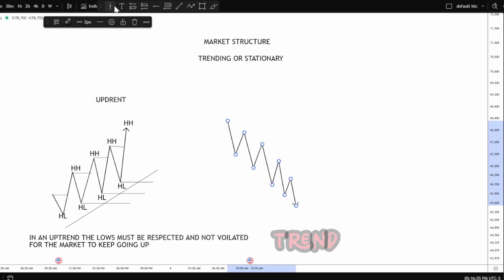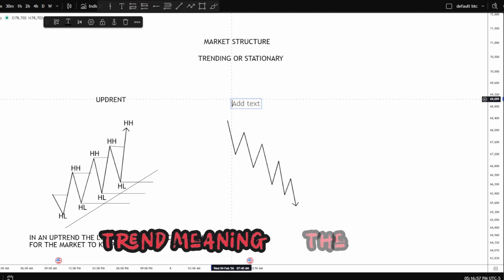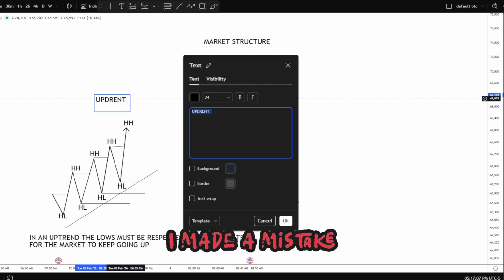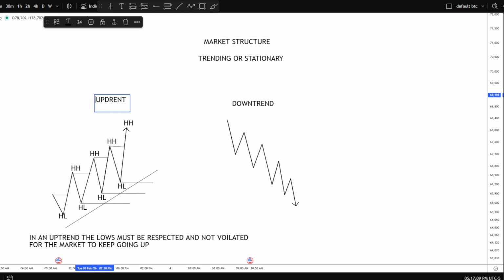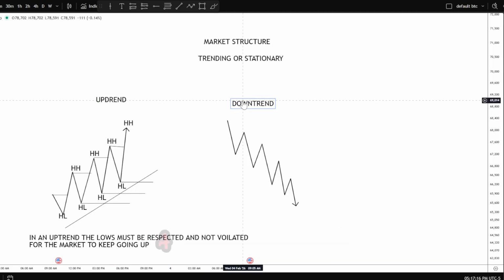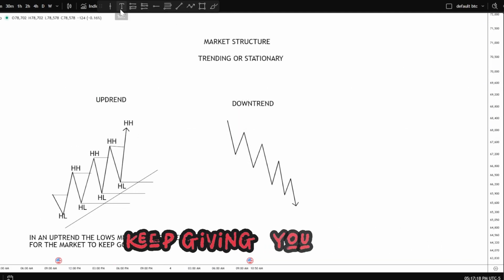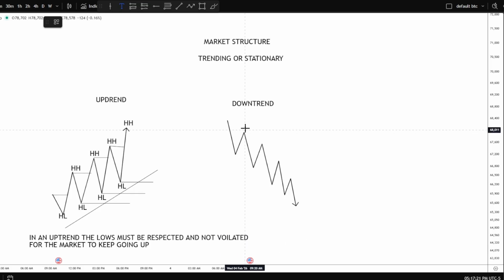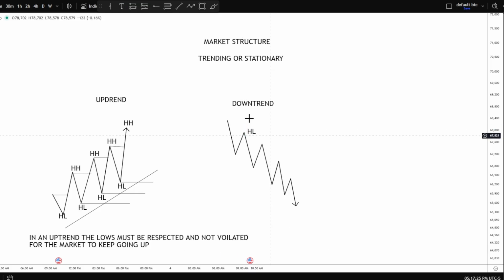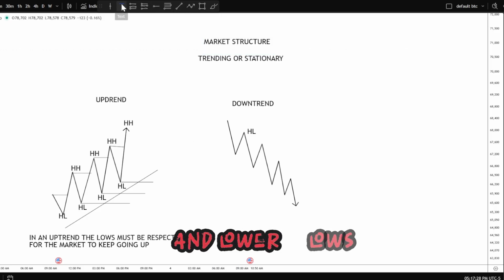Opposite of the uptrend, we have a downtrend, meaning the market is in a selling momentum, right? The market is in a selling momentum, so the market will keep giving you a series of lower highs and lower lows.